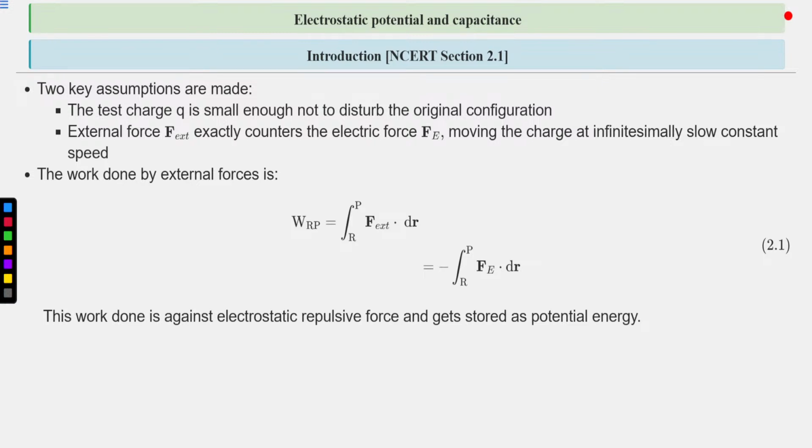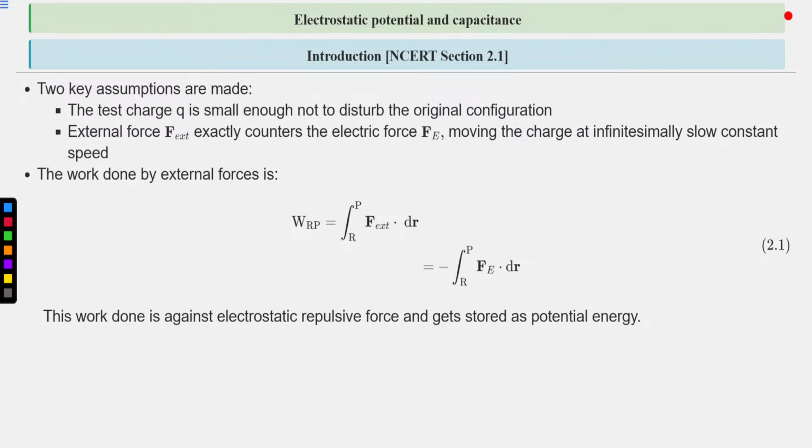And second, which is the most important assumption here, is that we are moving that test charge from R to P very slowly. Why slowly? Because we don't want any change in kinetic energy here, because we want total work done to be stored in the form of potential energy only, to avoid the complexity of the equation.